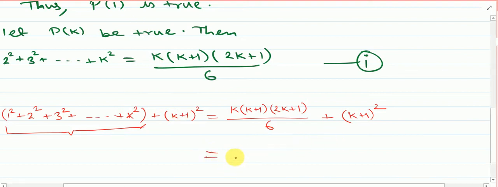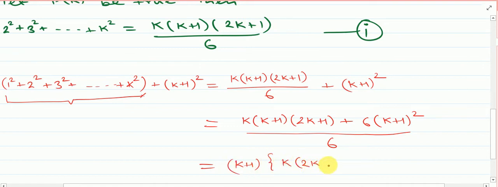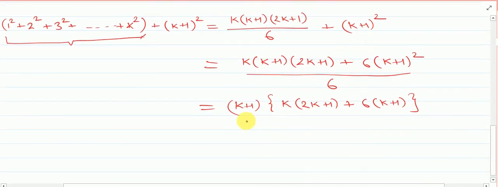So take LCM. So you get (k plus 1)(2k plus 1) plus 6 times (k plus 1) whole square upon 6. You can see in the numerator k plus 1 is common, so you can take this out and you are left with k plus 1 times (2k plus 1 plus 6 times (k plus 1)), and in the denominator you are getting 6.